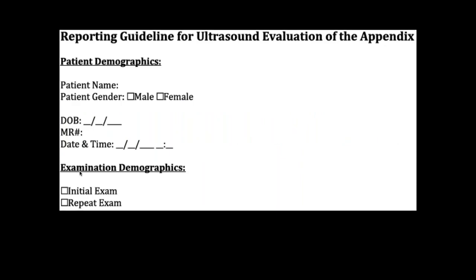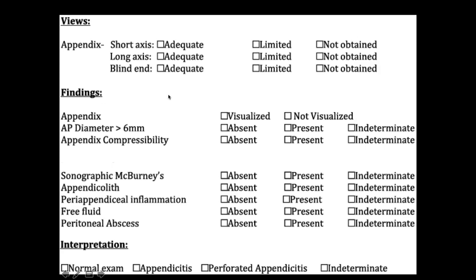One of the uses touched on was point-of-care ultrasound for the appendix, and they went through a way to standardize that approach. So usually we always start off with demographics, and then here's where the meat of that reporting really is.